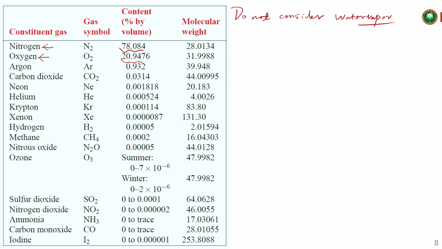So this composition is under the condition that we do not consider water vapor, and it keeps constant over the height below 90 kilometers. They are contained by volume and almost keep constant from 0 to 90 kilometers.